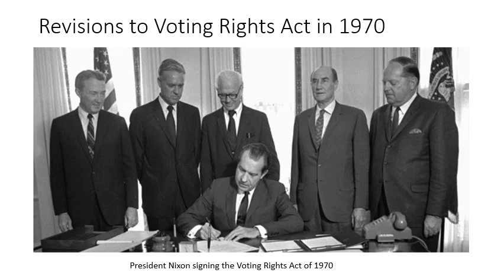In 1970, the act was revised slightly. They used 1968 as the benchmark for deciding who had a test or device, or who had under 50% registered or voting for presidential elections. And this added new states to the coverage. It added Alaska, Arizona, California. You don't need to memorize these.